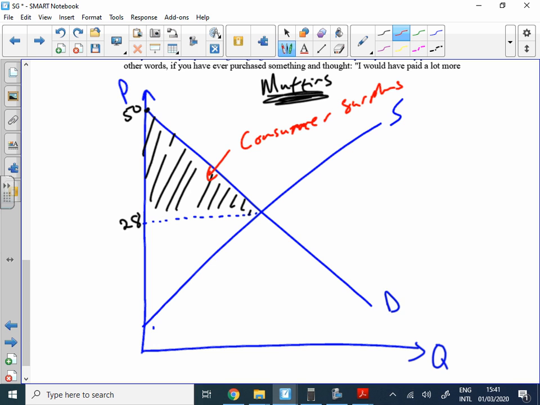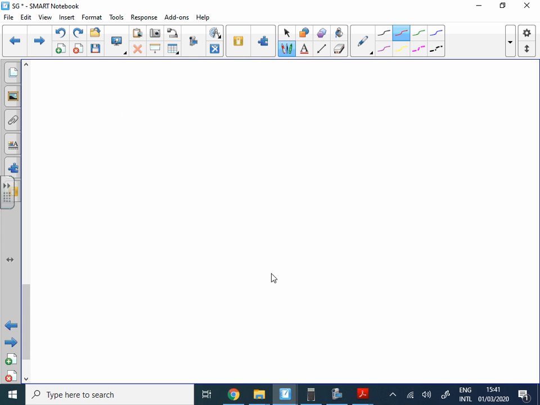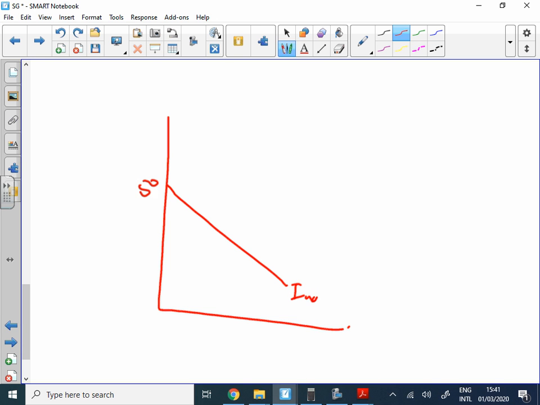So in this particular case, we would draw a diagram slightly differently. We are saying you are willing to pay up to 50, but this is your individual demand curve.